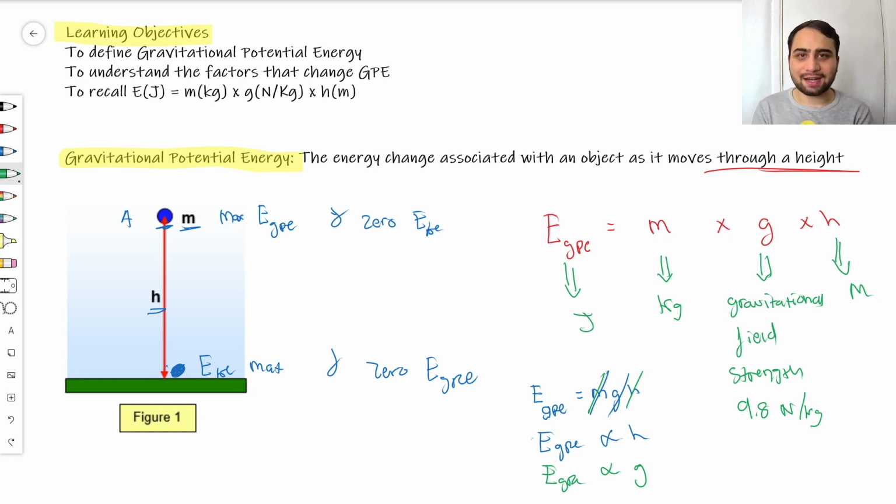And so again, you can kind of see the pattern now. If I had a constant gravitational field strength, so I was on the same planet, and a constant height, I would get GPE directly proportional to mass. So if I was to double my mass on a planet at a constant height, I would get double my gravitational potential energy. And you can see that all three of these are directly proportional relationships.